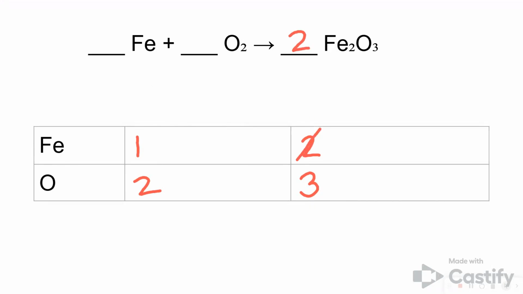That gives us 4 iron, 6 oxygen. And then if we multiply this right here by 3, now we have 6 oxygen. This needs to be multiplied by 4. So we have 4 iron here, 4 iron here, 6 oxygen here, and 6 oxygen here.